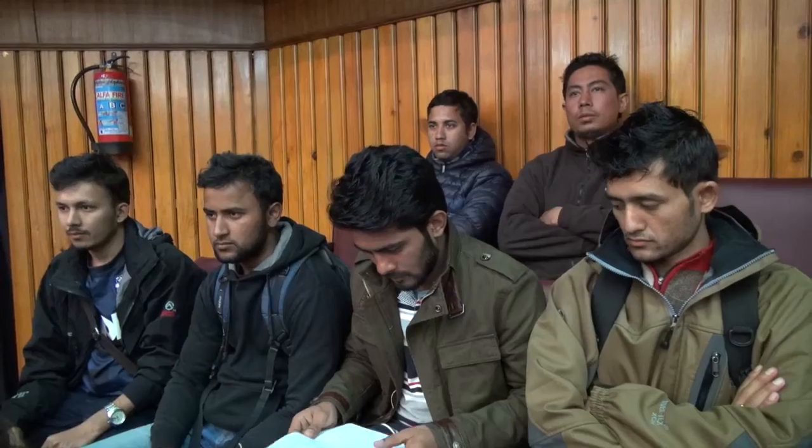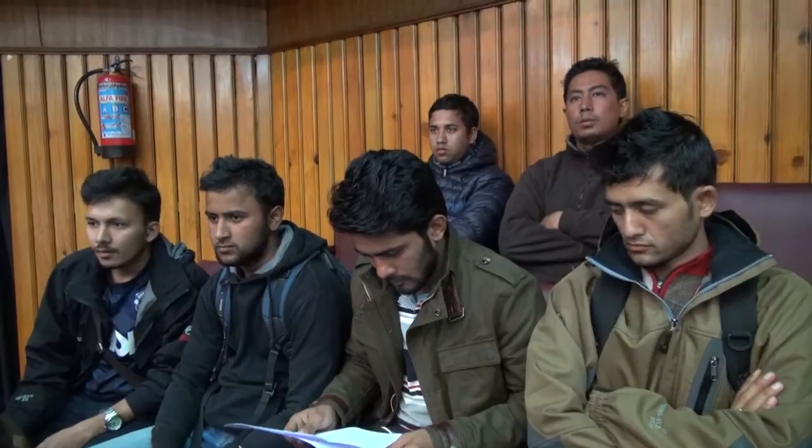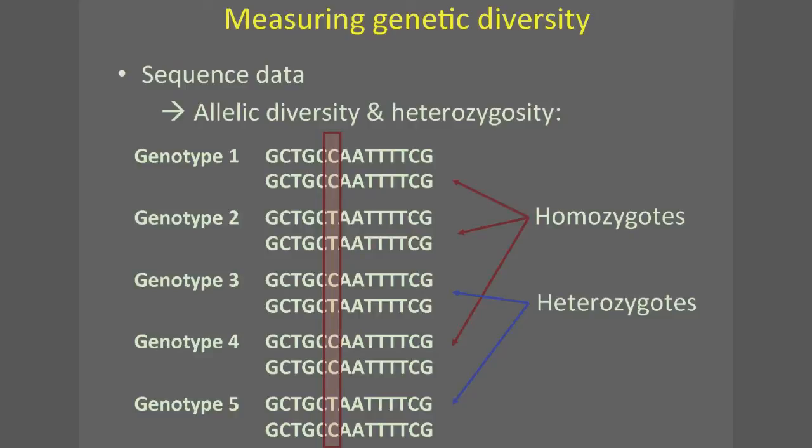And apart from the fact that you can look at the regions or the point mutations in there, you can also look at heterozygosity. So if we take a closer look at these genotypes I have up there on the screen, there is one location where there is diversity.